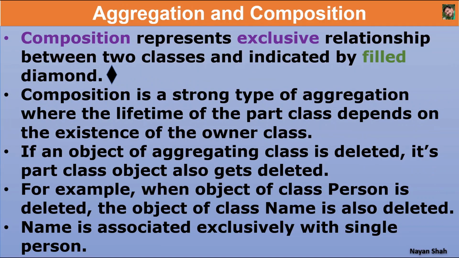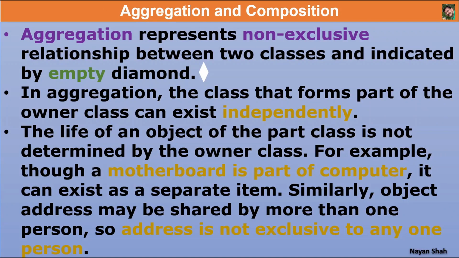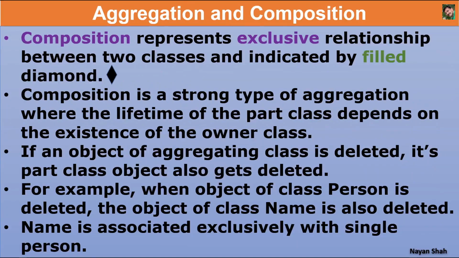Composition represents an exclusive relationship between two classes and is indicated by a filled diamond symbol. If an object of the aggregating class is deleted, its part class object also gets deleted. If such a relationship is there, it is called composition. And if the part class can exist on its own, then it is aggregation.